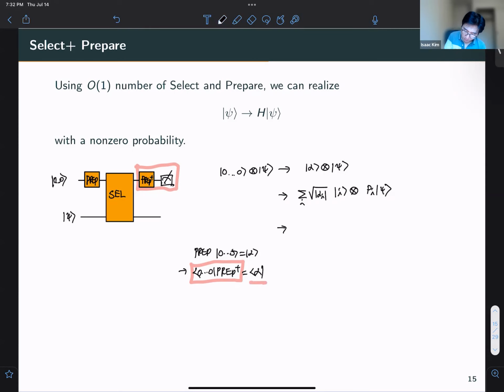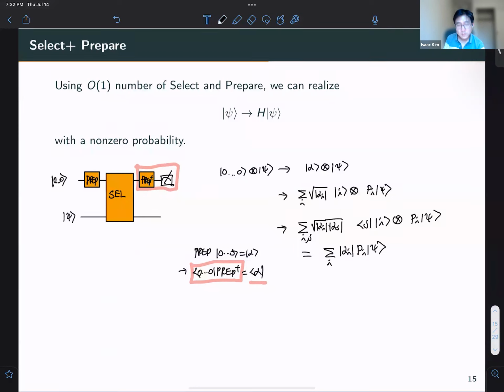Once you do that calculation, what you end up getting is the following. And of course, j and i, their inner product is 1 only if j is equal to i. And therefore, this is equal to sum over i of alpha i P i psi.